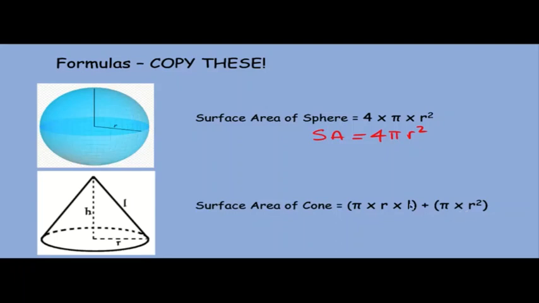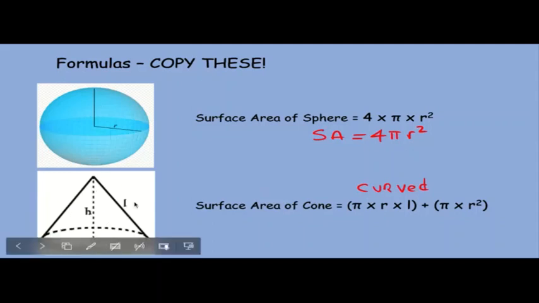And the same goes for the cone here. So the reason the cone is in 2 parts is this section here is for the curved section. If we imagine this cone was sat on a table, it's the bit that you could see, and this part here is for the base. To calculate them separately, then add them together.